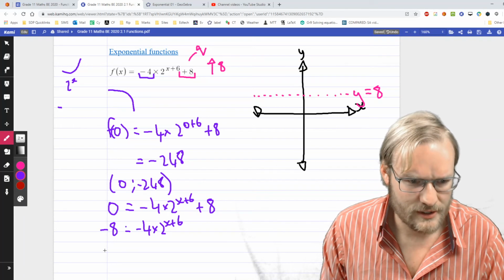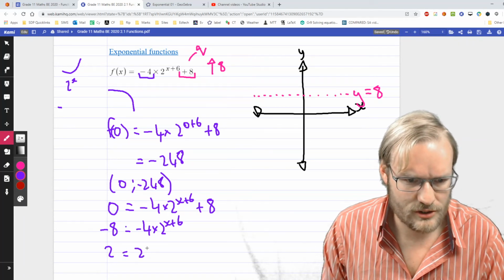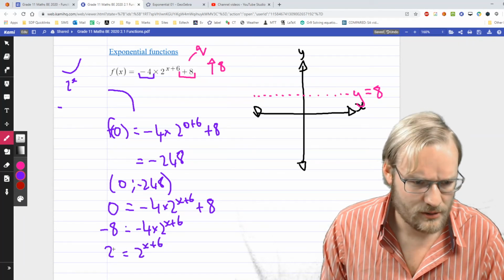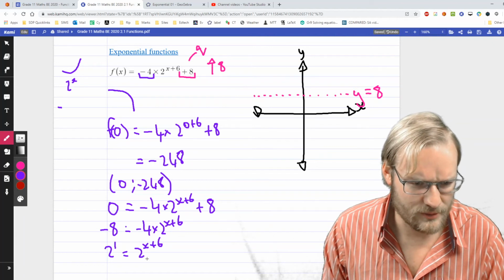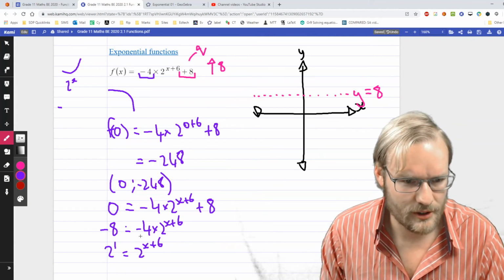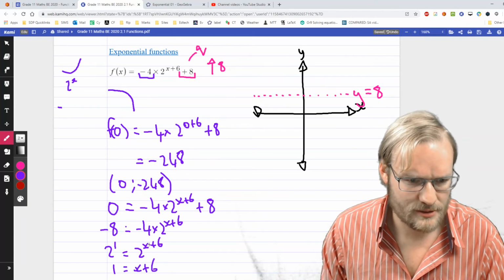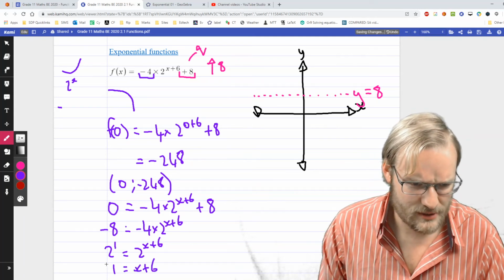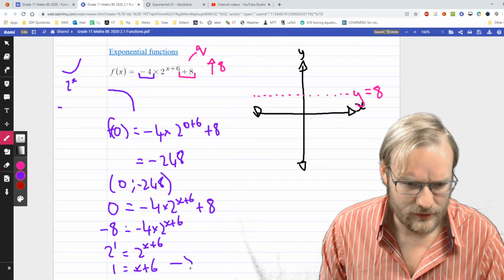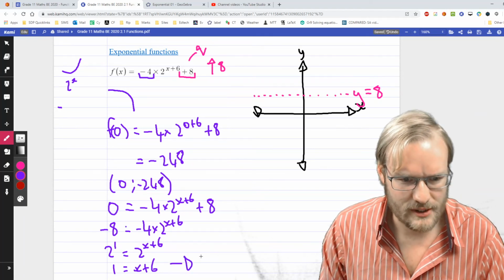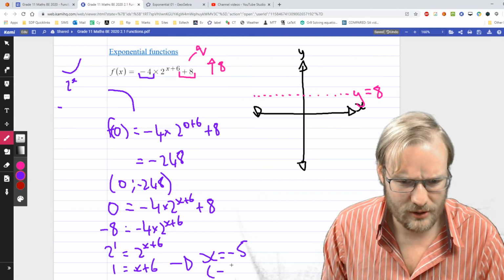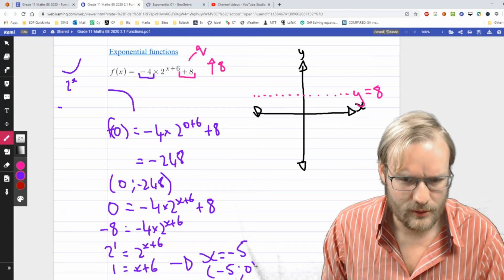So -8 divided by -4 gives us 2 = 2^(x+6). Well, 2 is 2 to the power of 1. Base is the same, so the exponent's the same. So 1 = x + 6. Okay, so what plus 6 gives you 1? Well, from there we can subtract 6 from both sides. x = -5. What we're working out again? Oh yeah, when x is -5, y is 0.